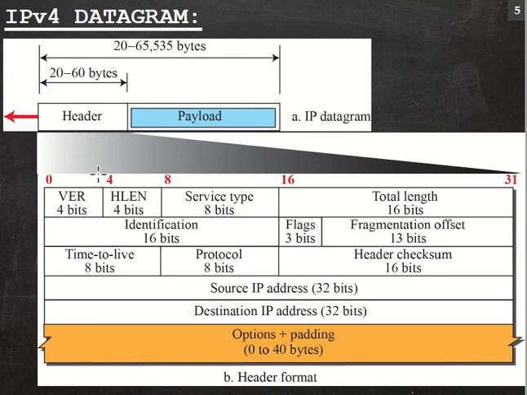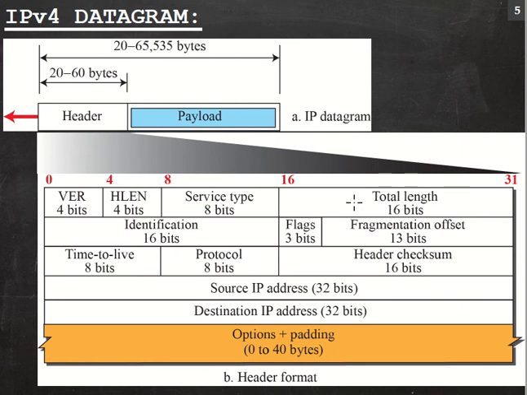If we see the different parts in the header, whatever is added at the network layer, it has got different parts. The first one is called VER, which is 4 bits, which is nothing but the version number. It is followed by HLEN, also 4 bits, which stands for header length. Next field is service type, the type of service provided, of 8 bits.